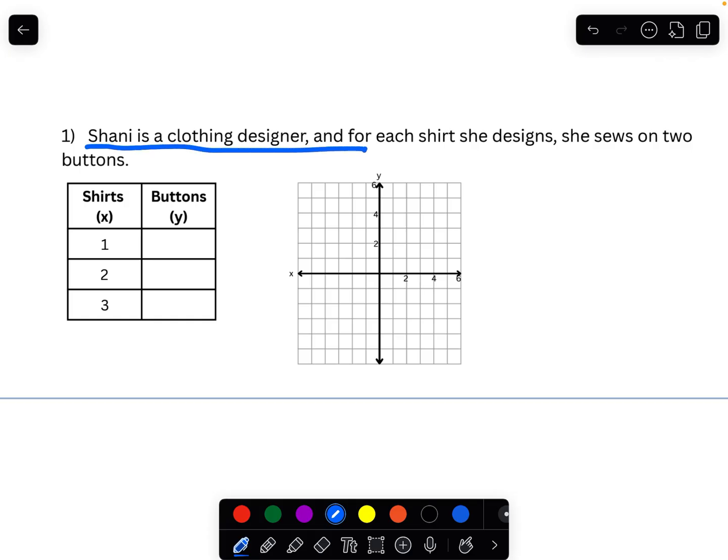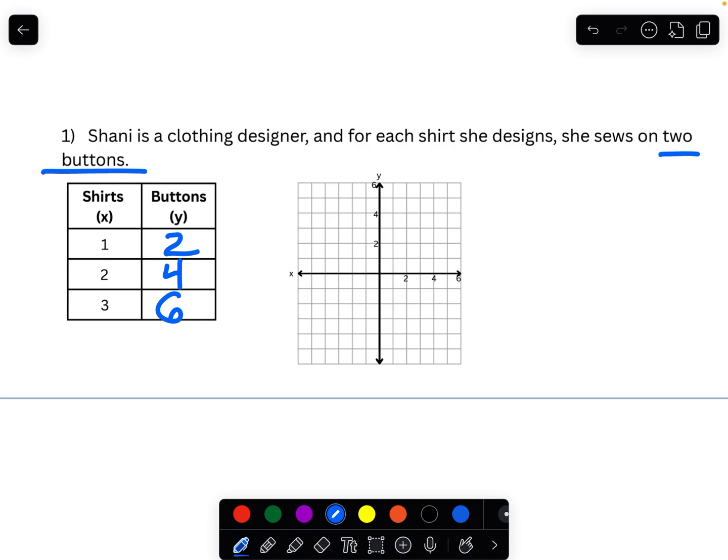Shani is a clothing designer, and for each shirt she designs, she sews on 2 buttons. So we see here she sews on 2 buttons, meaning here's one shirt. So for that one shirt, she would sew 2 buttons on, which means for 2 shirts, she would sew on 4 buttons, and for 3 shirts, she would sew on 6 buttons.